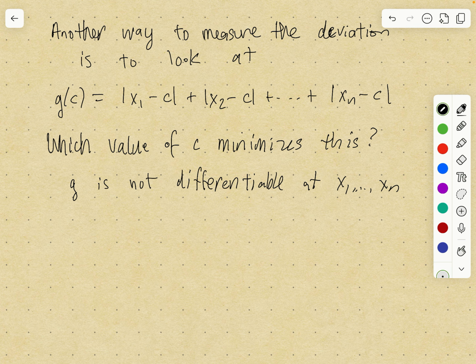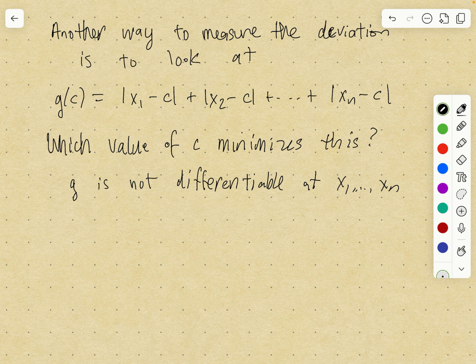But we can still get an idea of what this function looks like. Before going on, I should maybe say that there's a bit of an argument to explain why this function isn't differentiable, because each of the individual absolute value functions just looks like an absolute value function, just shifted by a certain amount to the left or right. But then when you add them, the result is not going to look like an absolute value function. So g of c will not look like an absolute value function. But how can we show that this function is not differentiable at x1?